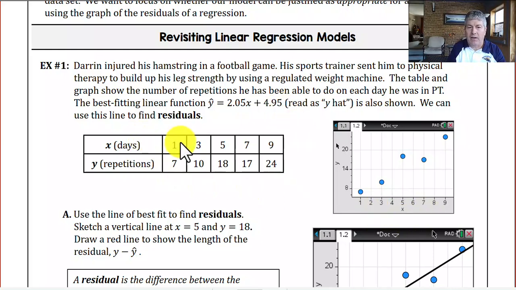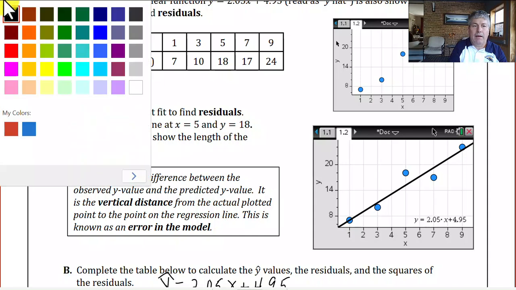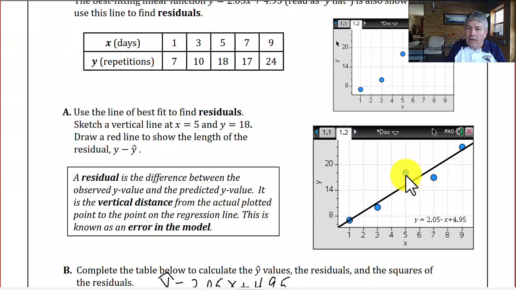So here we've got our data in days, our repetitions, and our scatter plot with the data. And then we found our best fitting line, and there is our trend line. We did a linear regression, and we came up with our y hat, or our best fitting line. So the residual is this red line.